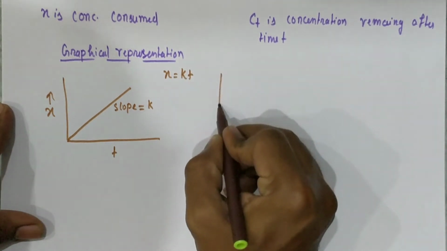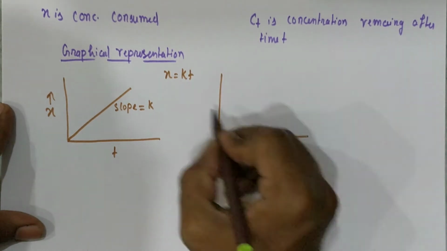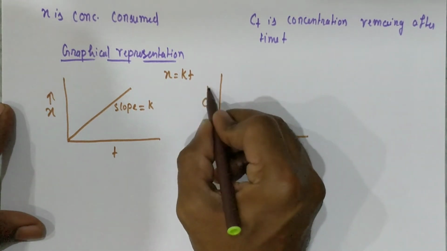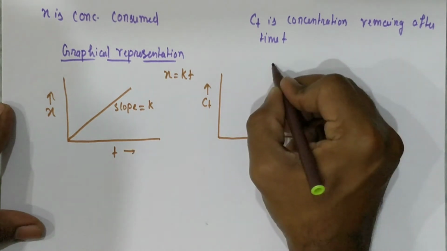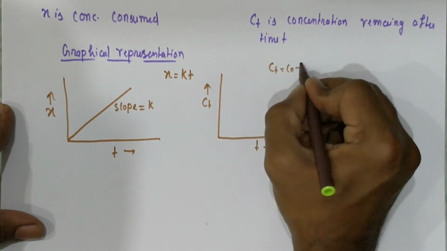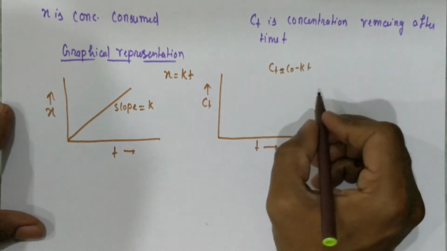If we plot Ct versus time t, we have the equation Ct equal to C naught minus Kt.